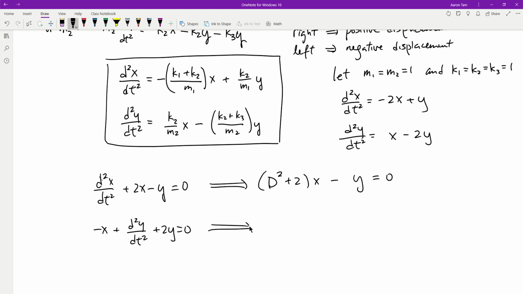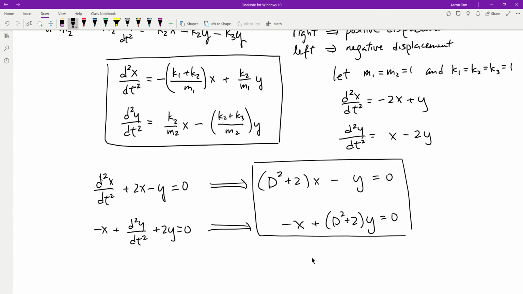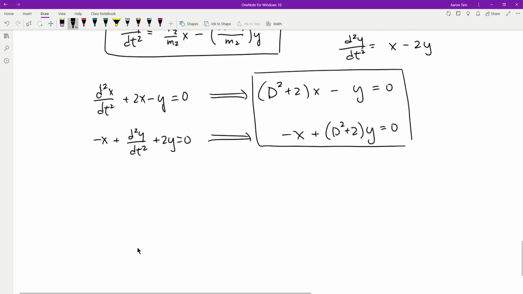And the bottom one transforms into negative x plus (D squared plus 2) of y equals 0. So now I have a system of equations in differential operator form, which I can now use to solve my system.